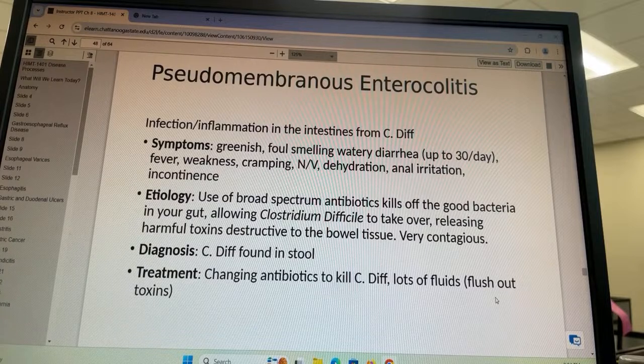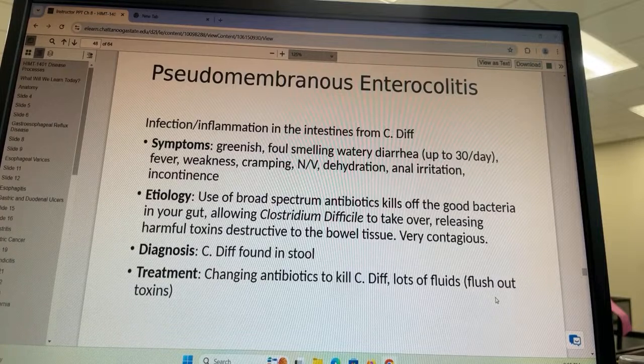You take a stool sample and they say, oh yep, there's C. diff in here. The treatment is, there are varying levels of antibiotics. If someone has this because of taking the broad spectrum antibiotics, immediately change antibiotics and get one specifically that kills the C. diff off. Specifically, the book talks about vancomycin.